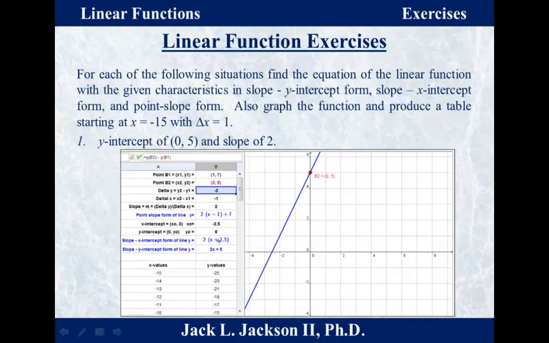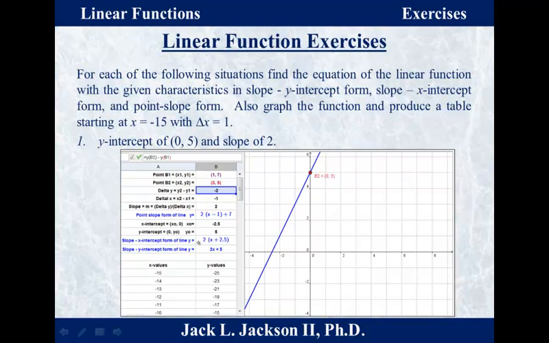How about the x-intercept version? Well, the x-intercept here is at negative 2.5. Now, how did we figure that out? Well, we could just take y equals 2x plus 5 and plug in 0 for y. So subtract 5, divide by 2, you get x is negative 2.5. And so we have our x-intercept there. That's the x-coordinate of the x-intercept.